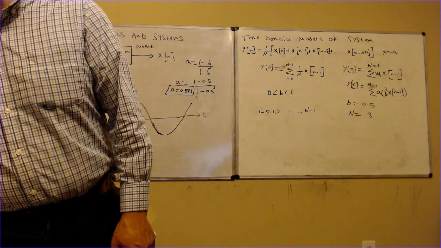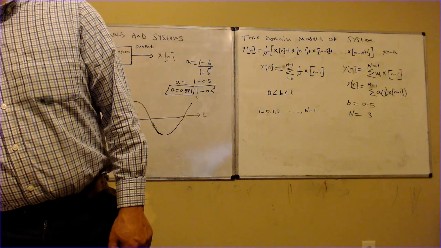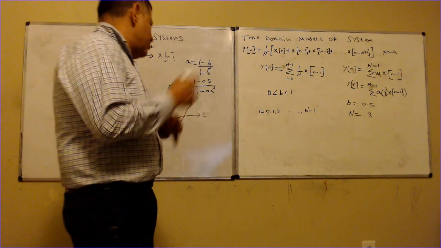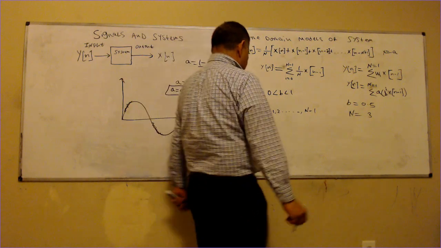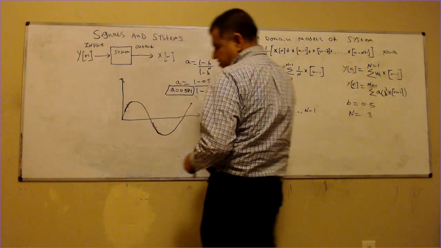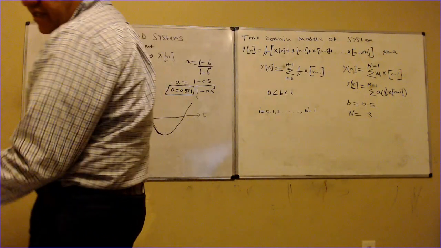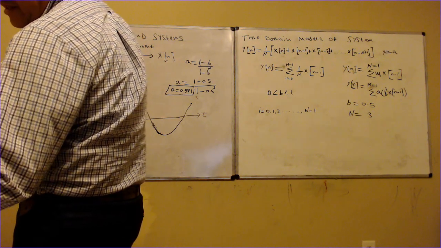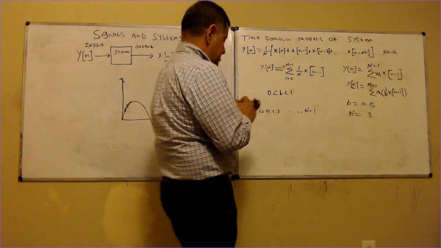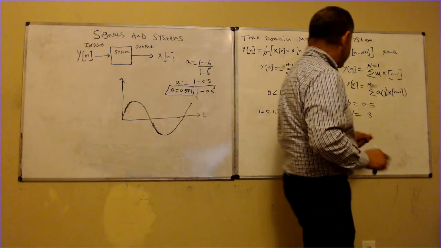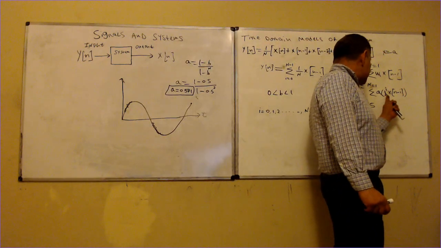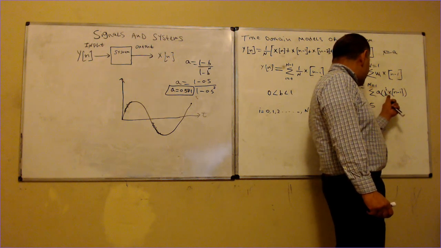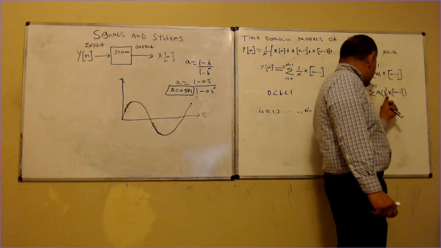In other words, if B is equal to 0, A is equal to 1. Well, it doesn't really matter, because this is going to be based on this formula, right? So, based on this, if B is equal to 0, right?